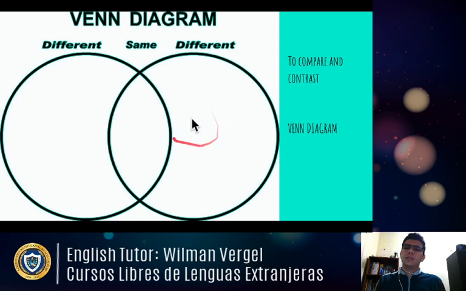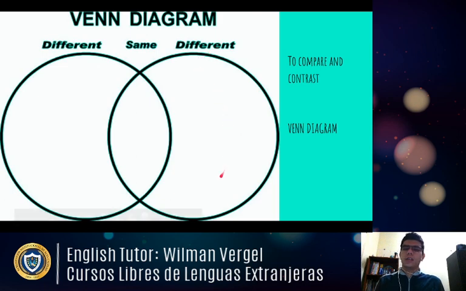But this is mostly used when we're comparing two things. Let's say we're comparing apples and oranges, or let's say iOS and Android.